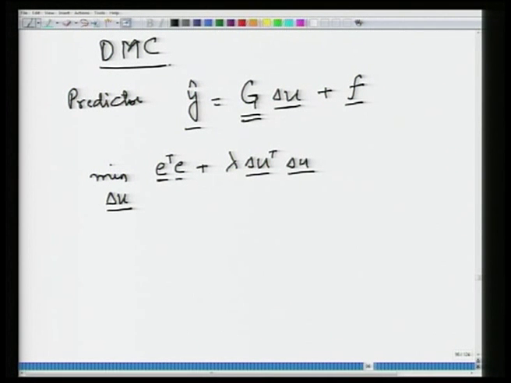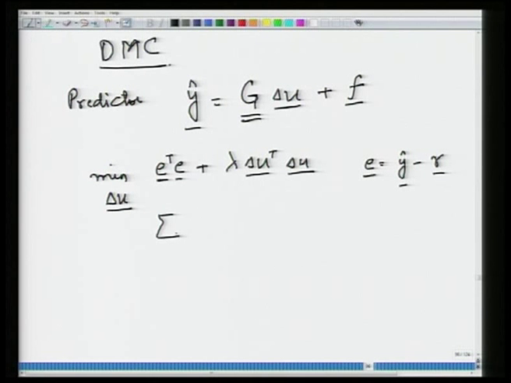If I am trying to minimize this, just to understand this better, E is equal to y predicted minus the reference trajectory. Okay.